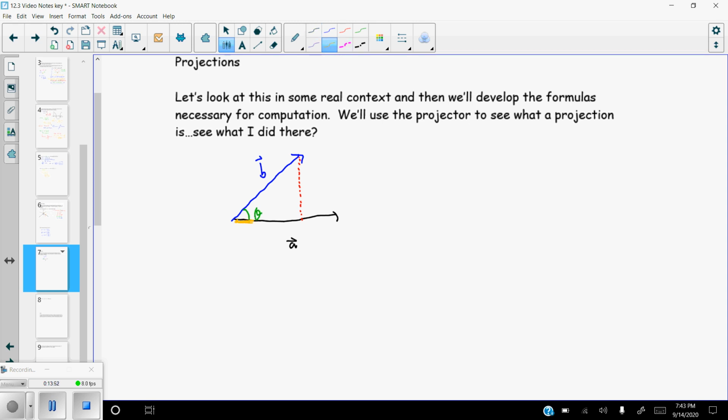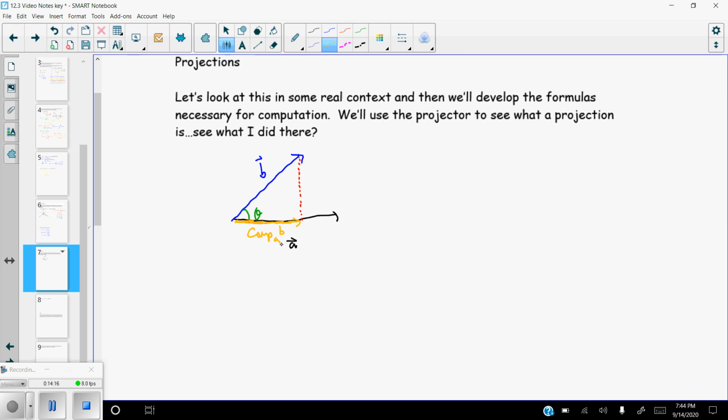This piece right here is the component of vector B onto vector A, and that's the way it's written. Component of B onto A, and I always remember the onto part because B looks like it's sitting on top of A when you write it like that.